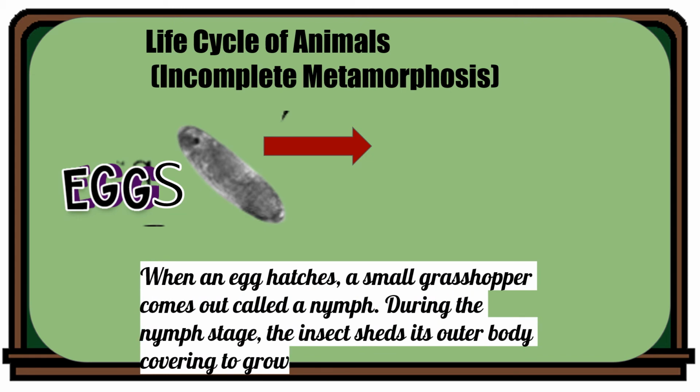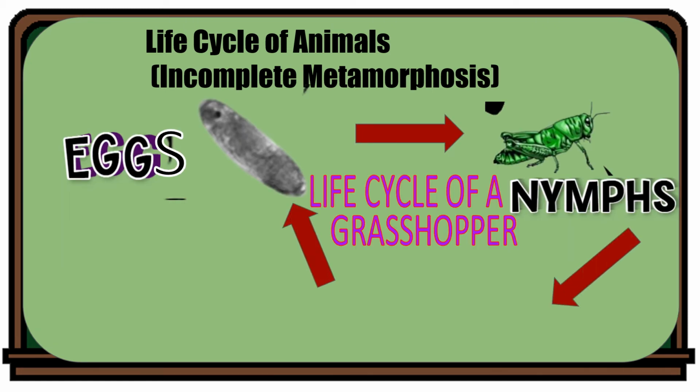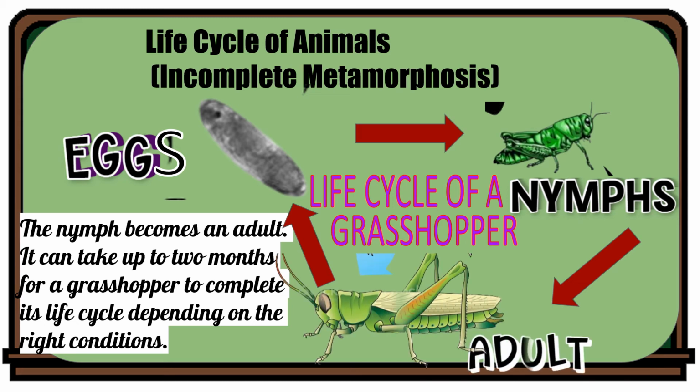When an egg hatches, a small grasshopper comes out, called a nymph. During the nymph stage, the insect sheds its outer body covering to grow. The nymph becomes an adult. It can take up to 2 months for a grasshopper to complete its life cycle, depending on the right conditions.